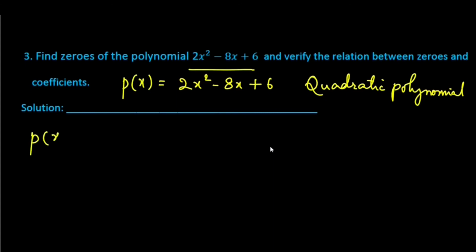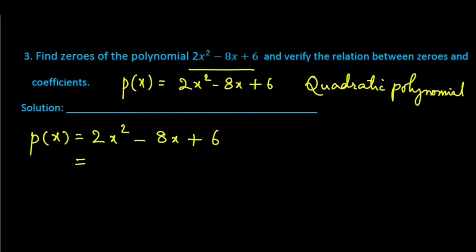P of x is equal to 2x square minus 8x plus 6. These three terms have a common factor 2.